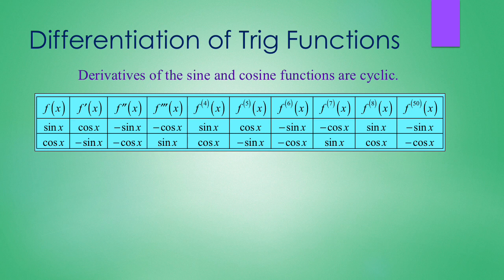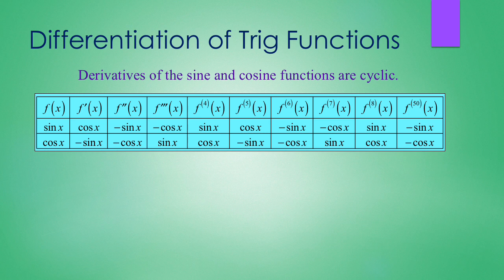The derivatives of the sine and cosine functions are cyclic, which means that their derivatives form a pattern. So if f of x equals sine of x, the first derivative is cosine of x, the second derivative is negative sine of x, the third derivative is negative cosine of x, and the fourth derivative is sine of x. We're right back to where we started, and the pattern repeats.